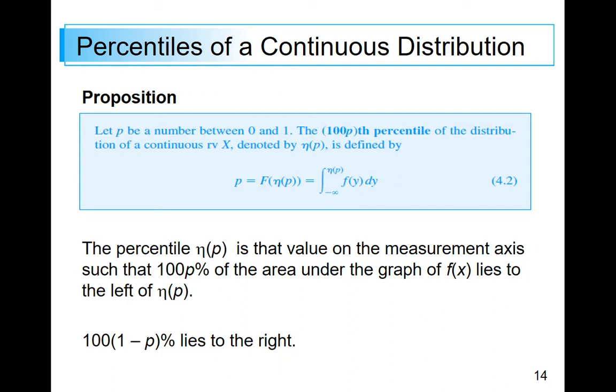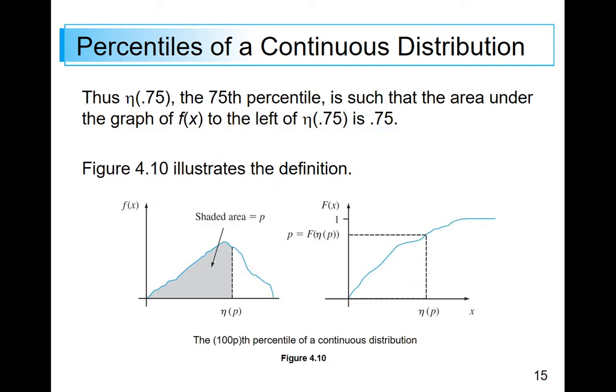And so you integrate to your eta, that's the actual number, the p is your percentile, and then you can calculate those percentages. So again, if you want the p percentile, that means p percent of the values are to the left of eta, and 1 minus p is to the right.